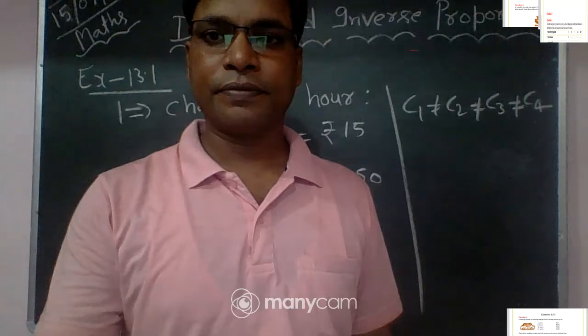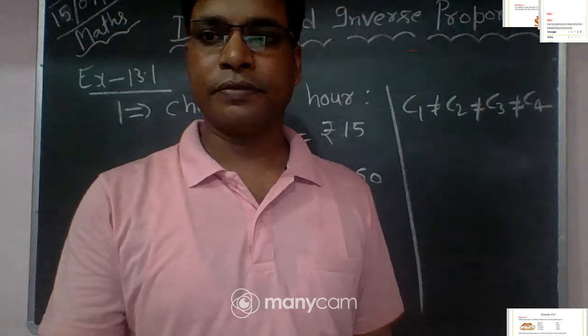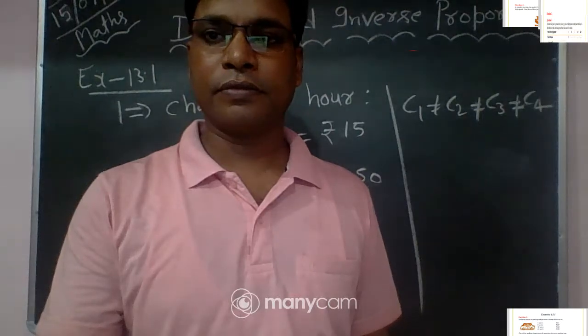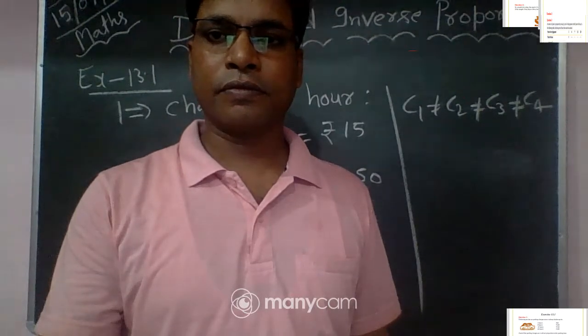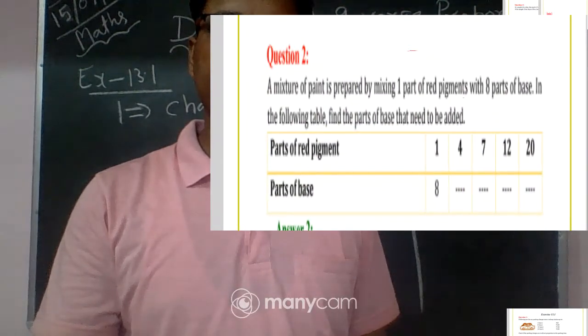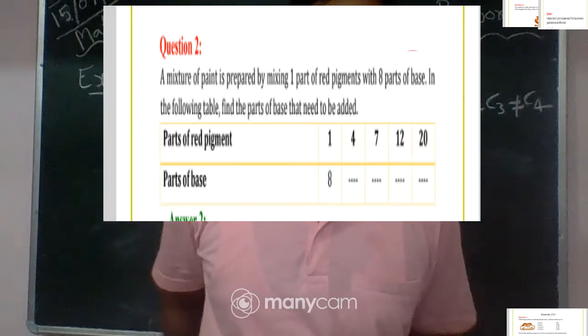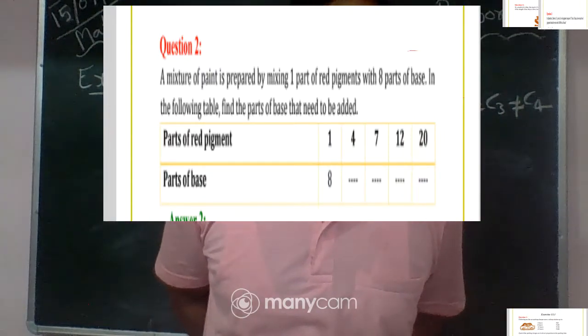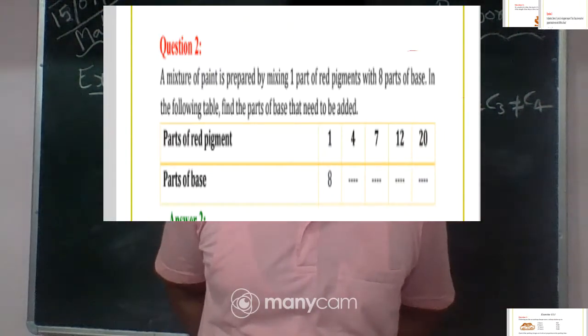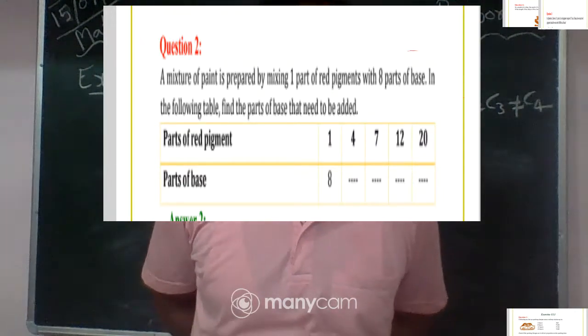Now, second question. What is the second question of this exercise? Let's see. This is the second question. A mixture of paint is prepared by mixing 1 part of red pigment with 8 parts of base.